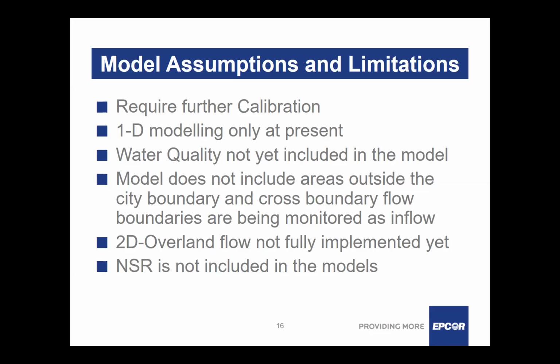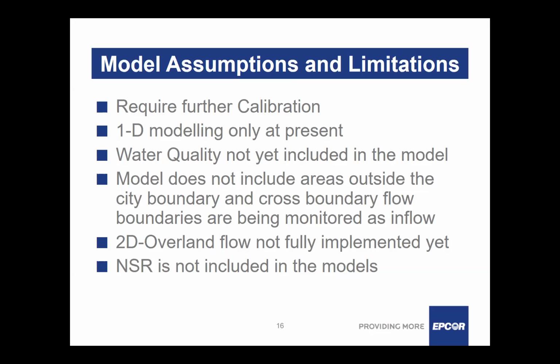At the moment, we are only using 1D modeling, meaning that we're just doing the minor system, just the pipes. We also use all the ponds. Those are major drainage, but mainly they are 1D, meaning that you just have the flow within the pipes, like I showed earlier.